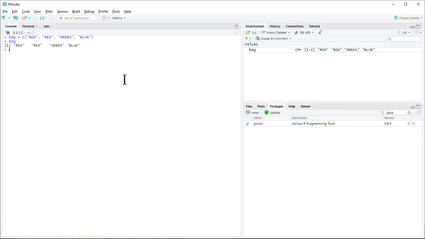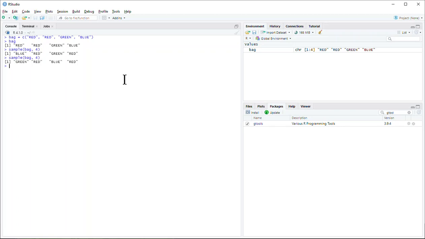I want to sample the bag. I want to pull out 4 samples out of the bag. Of course, I suspect I'm going to get 2 red, 1 blue, and 1 green, because this is without replacement. If I repeated that experiment, I expect to get the same thing: 2 red, 1 blue, and 1 green.